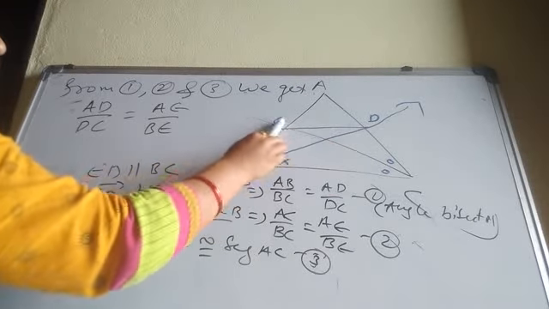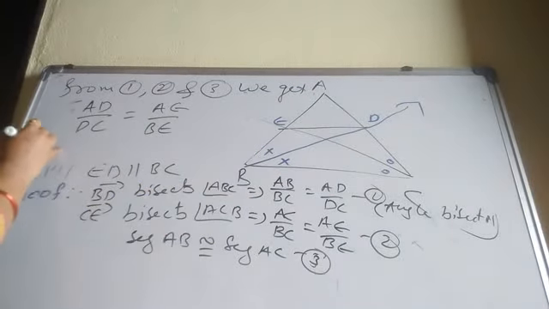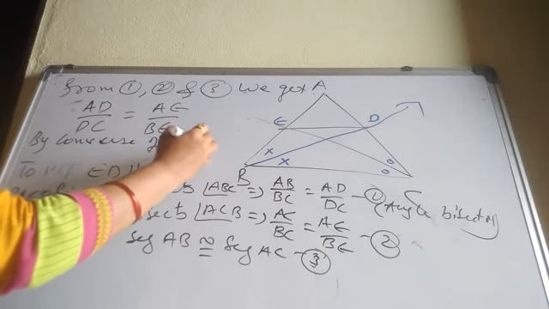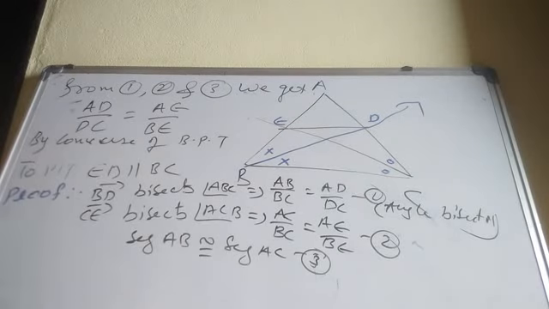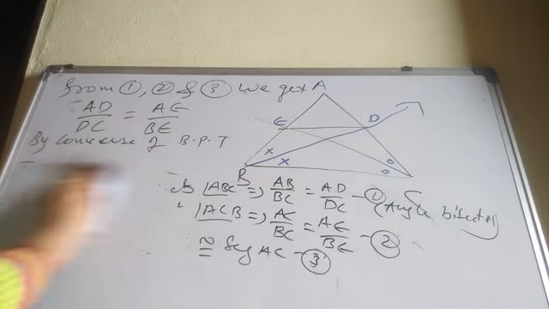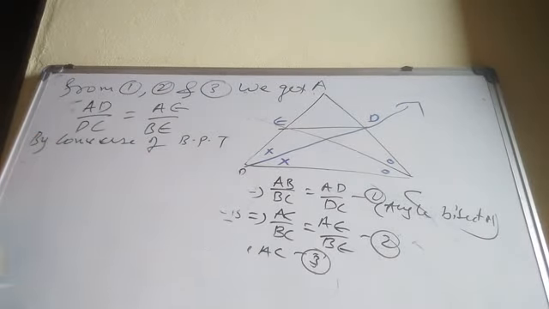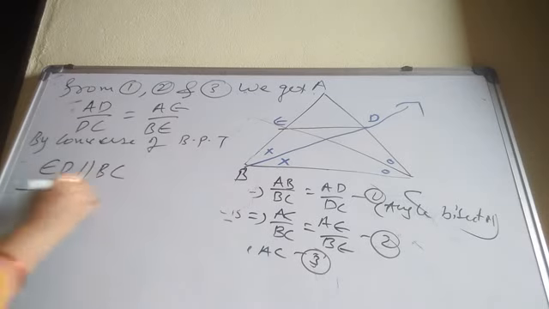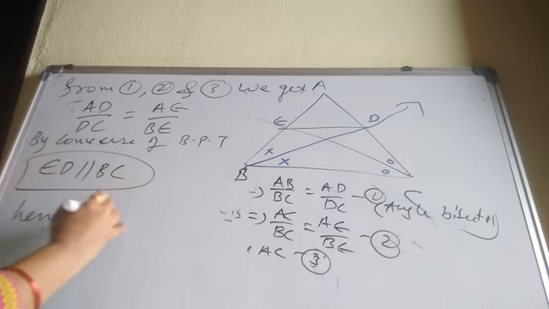Then this line ED is parallel to BC by the converse of BPT. ED is parallel to BC. Hence proved.